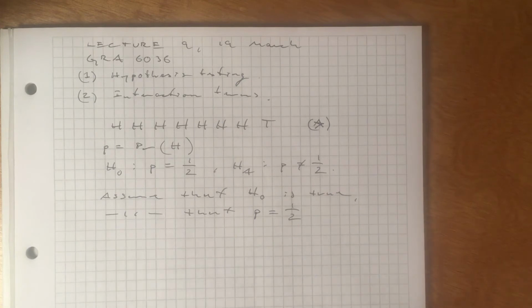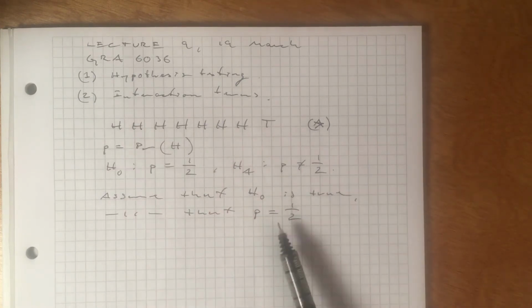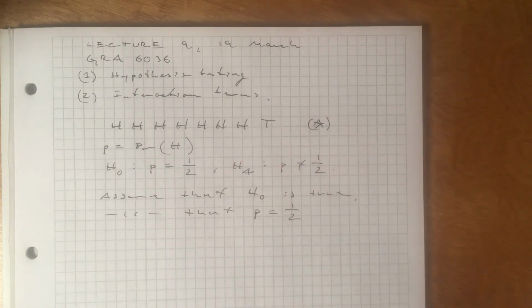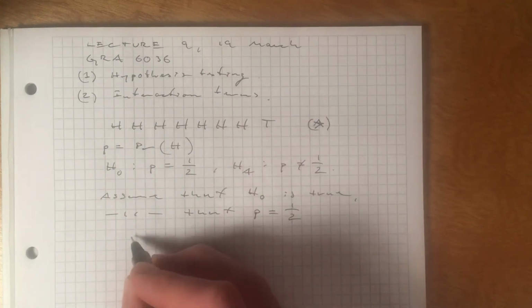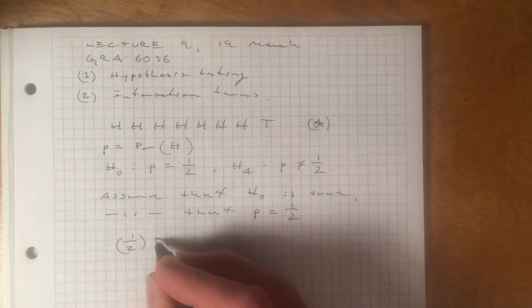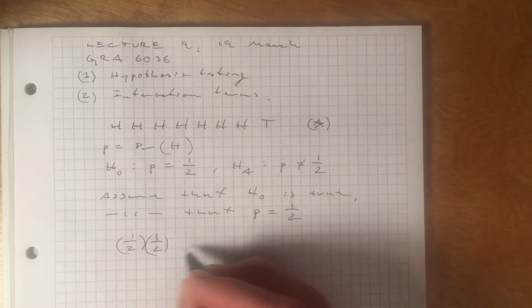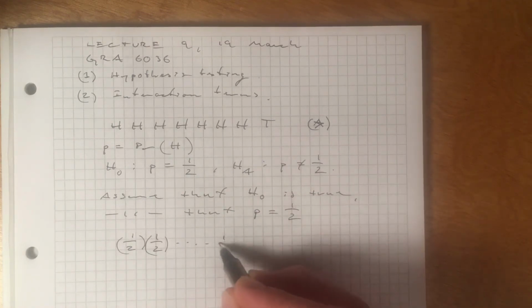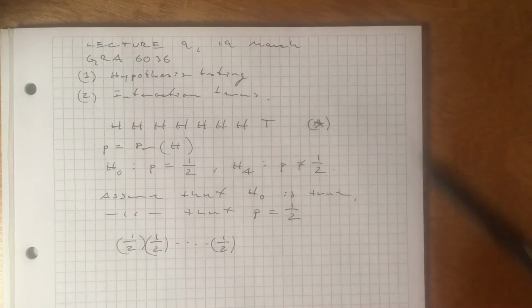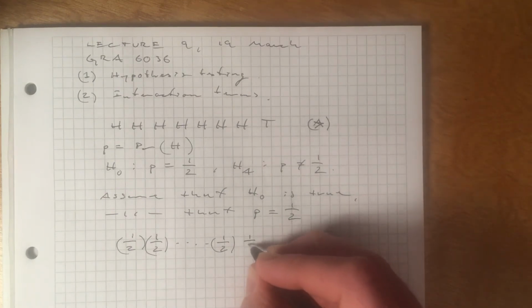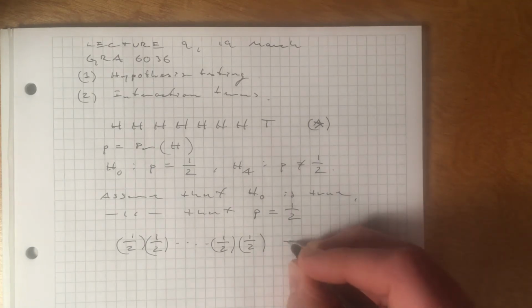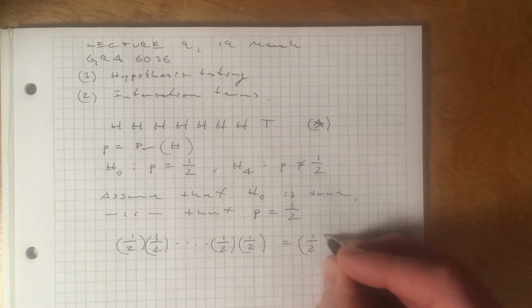So let's do it. Assuming that p equals 1/2, the probability of getting a heads on the first is 1/2. The second, it's 1/2, and so on. The 7th, it's 1/2, and of course, when the probability of getting a heads is 1/2, the probability of getting a tails is 1/2. So this is equal to 1/2 to the power of 8.